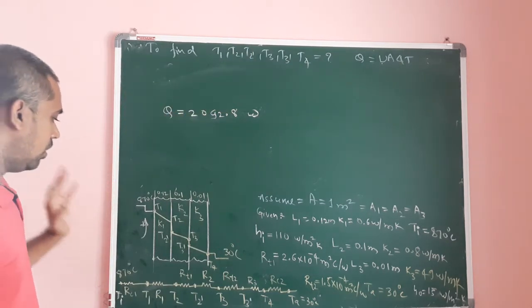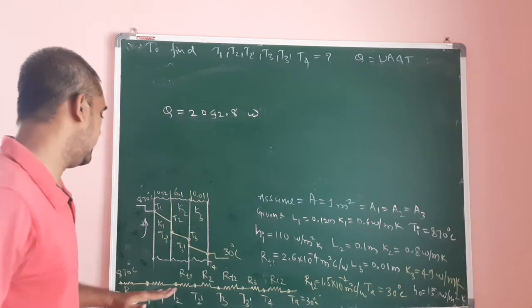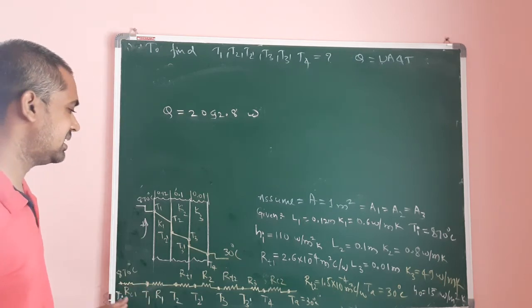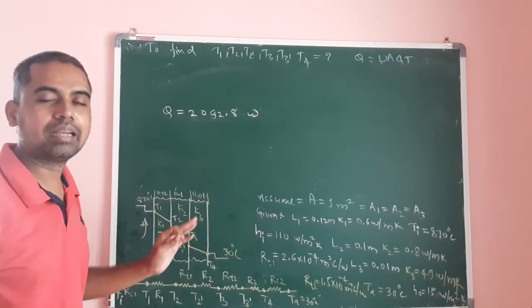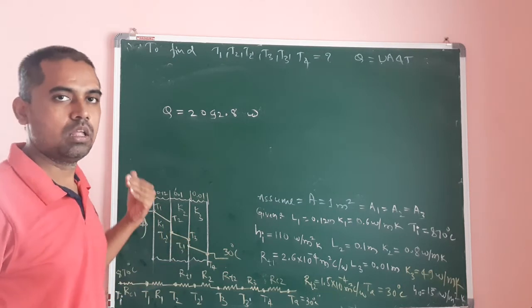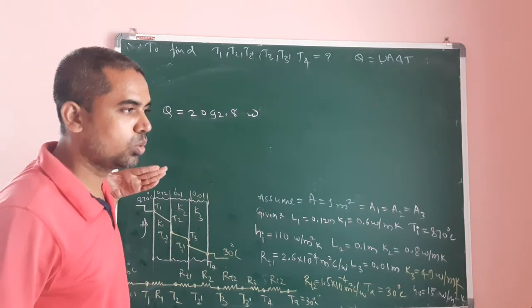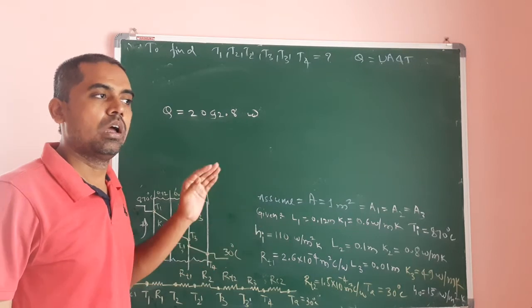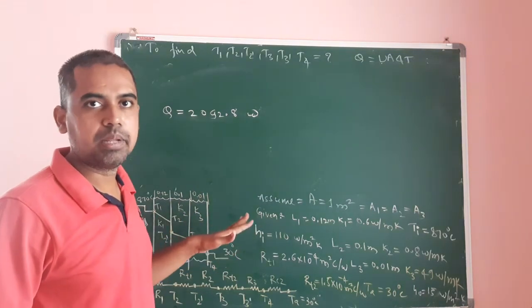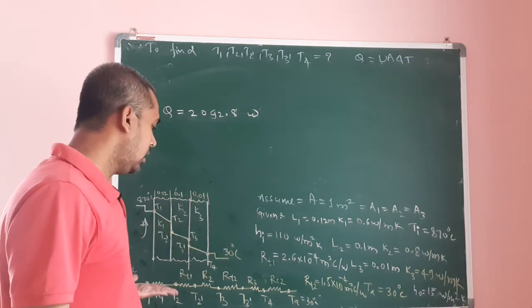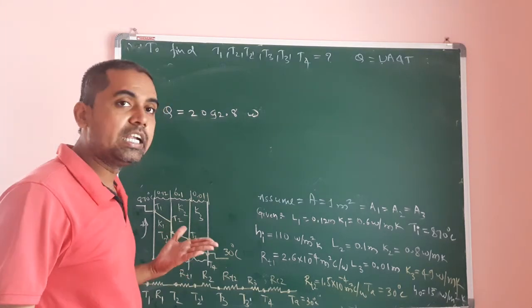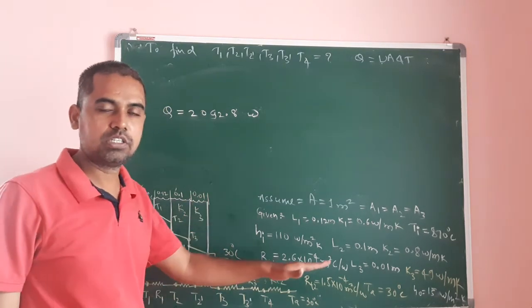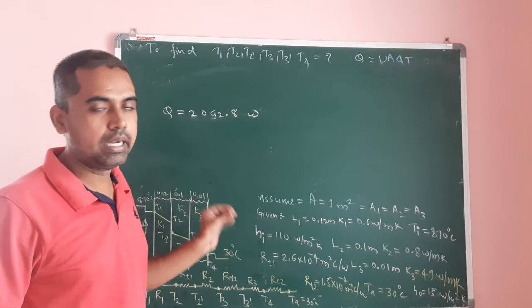Q remains same. Like the electrical analogy, if a current is flowing through a series of resistances, that current I remains same. In the similar way, if heat current is flowing through a series of resistances, heat remains same.